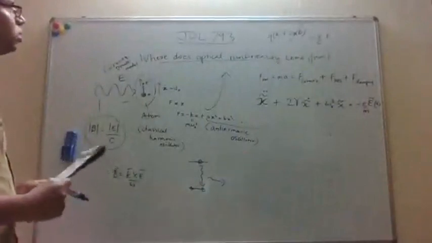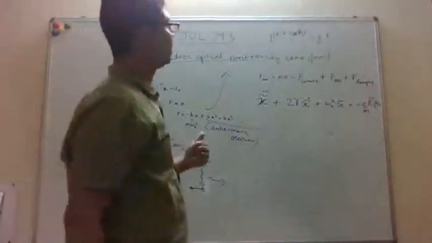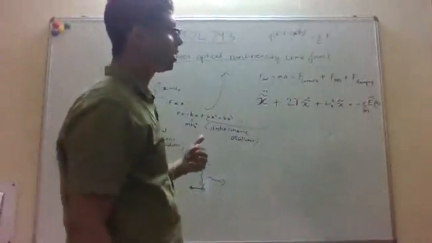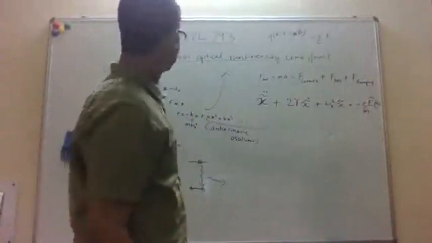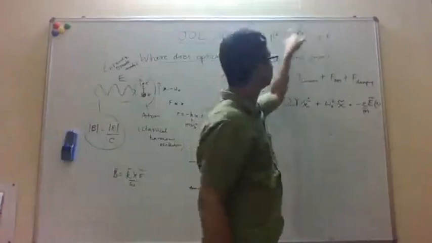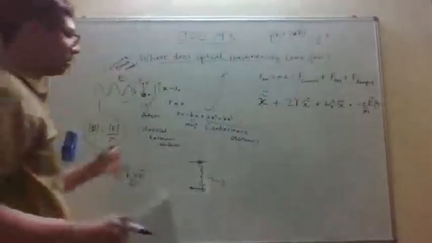Okay. So only for very high electric fields. Once you start approaching the atomic electric field, then the velocity starts approaching c, and then this term becomes important. Okay. But otherwise, the first one.